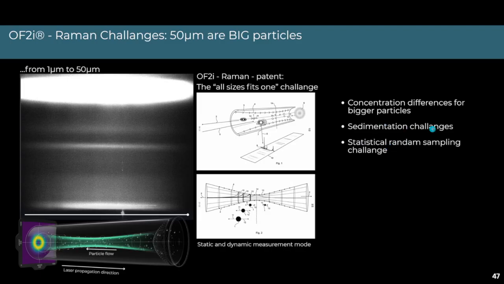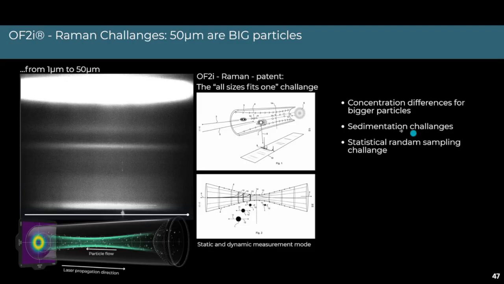We also create different shaking mechanisms and so on to tackle this challenge, to have a clear identification. Even though bigger ones sometimes sediment in the time frame where they come in, are measured and come out, the information and the concentration is still correctly estimated also for these big ones.